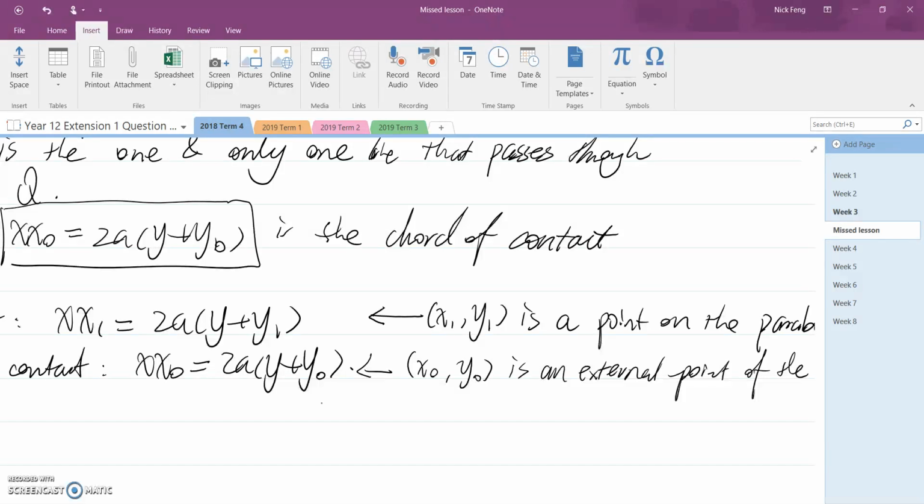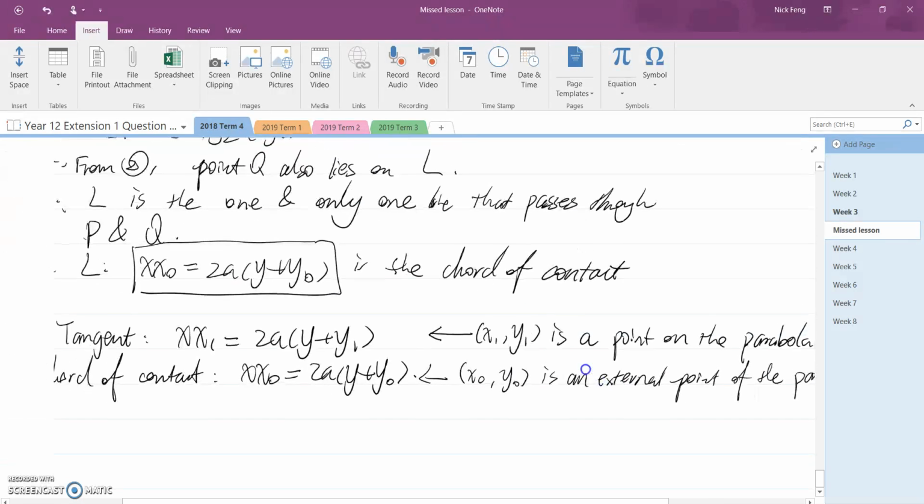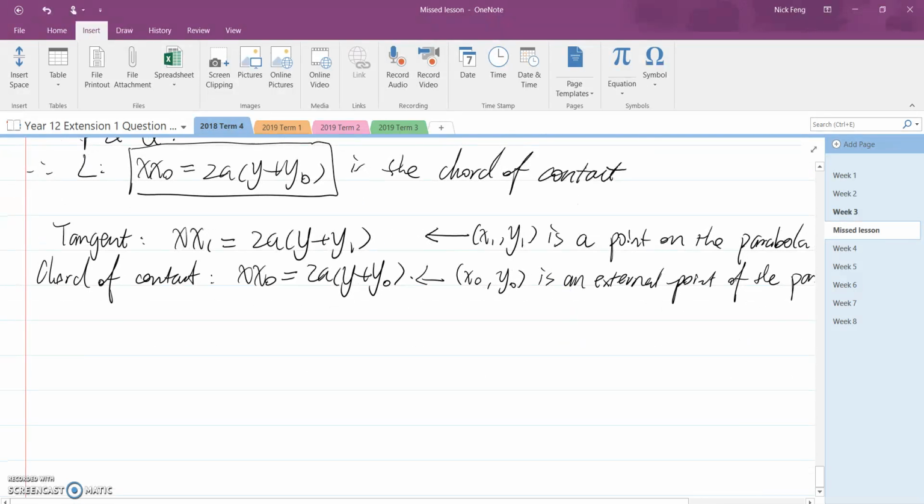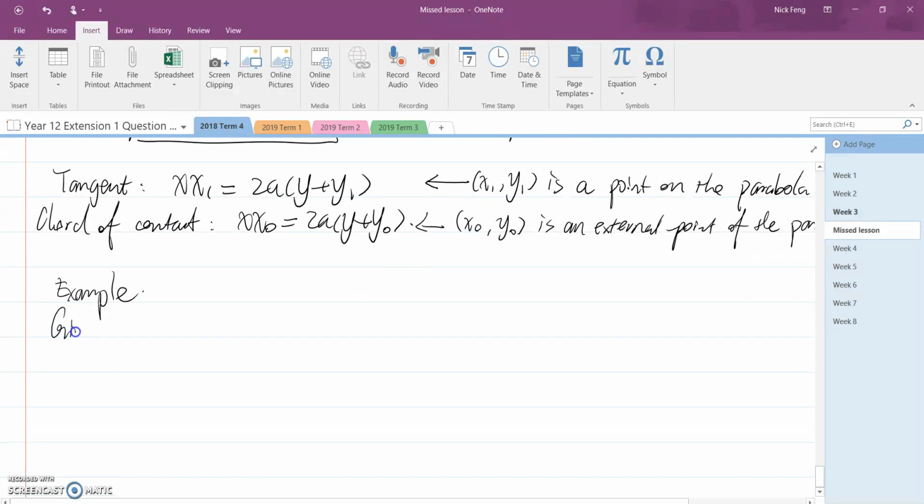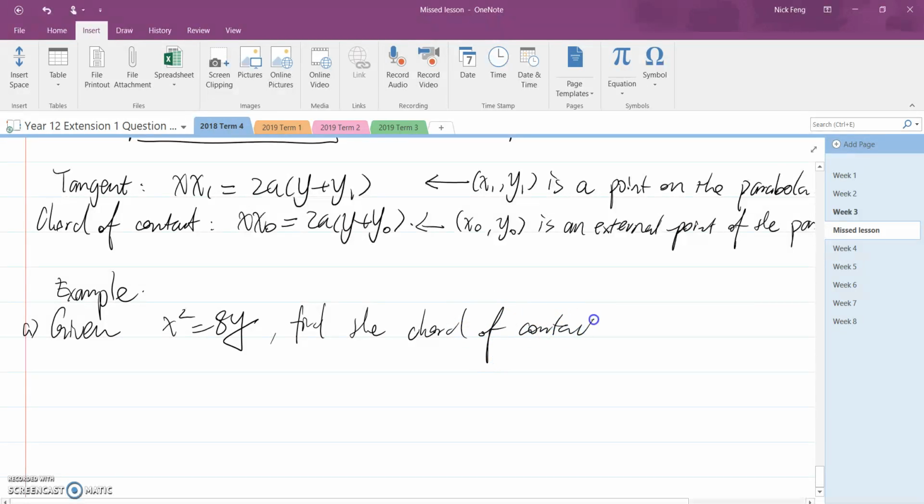Okay, so for example, now let's finish this example. Let's say given x squared equals 8y. Well, a equals 2, by the way. Let's find the chord of contact from point T, which is (4, -6).